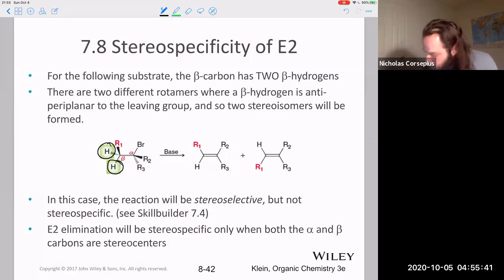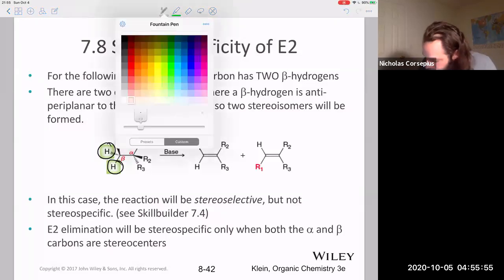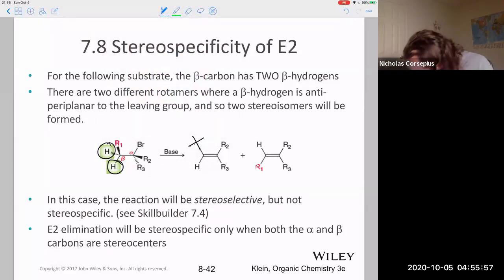So let's say that R1 was some big, ugly tert-butyl group or something like that. And R2 was a big bulky phenyl group.